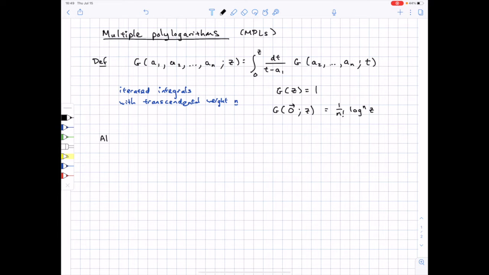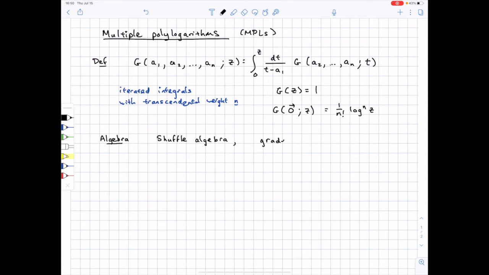Now they can be given the structure of an algebra, because you can, of course, add and multiply these functions. But what is particularly interesting, and I trust you've seen from Claude, is that when you multiply them, they respect a shuffle algebra, in terms of which a product of any two of these MPLs can be expressed just as a linear combination of MPLs whose weight is the sum of the weights of the two factors.